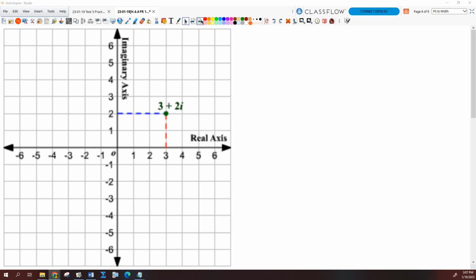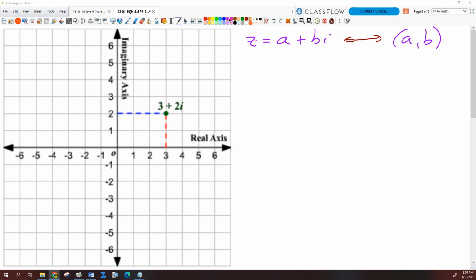If we had the complex number z equals a plus bi, that would correspond to the ordered pair (a, b). So now you see why the imaginary part does not include the i. The imaginary part ends up being the y coordinate of the complex number when it's plotted in the complex plane.